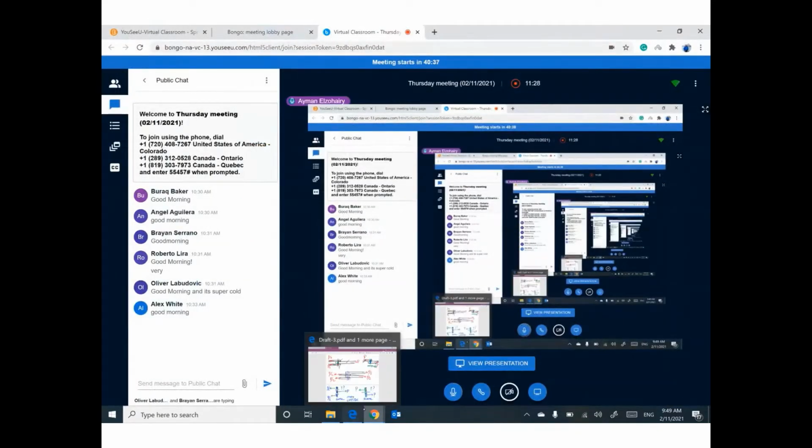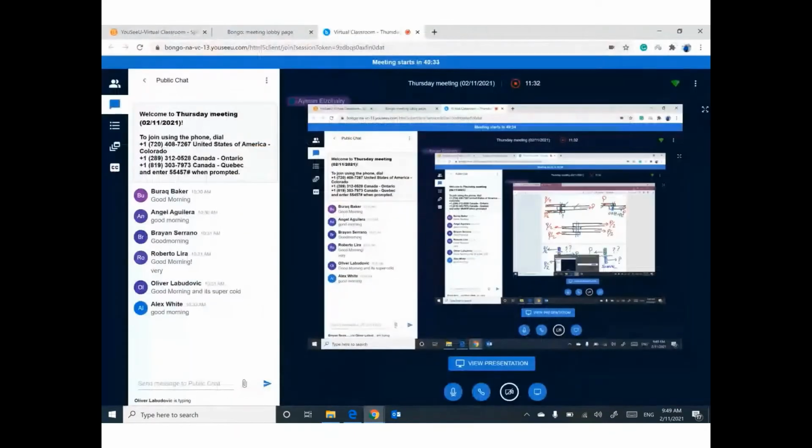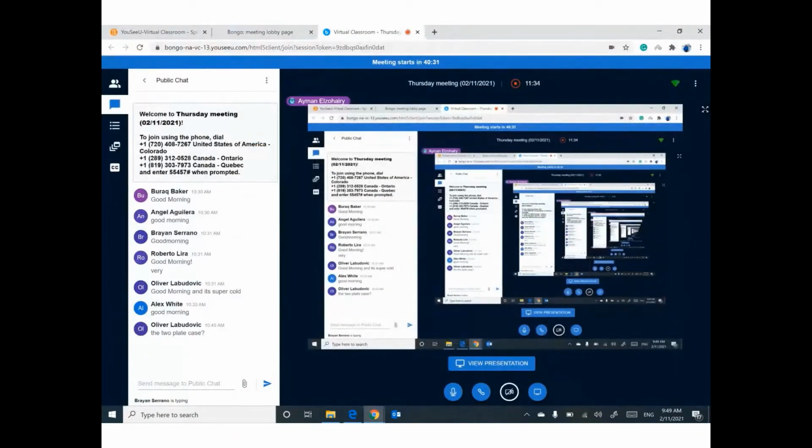What do you think? So Oliver, you said the two blade cases are stronger or more critical? Stronger.